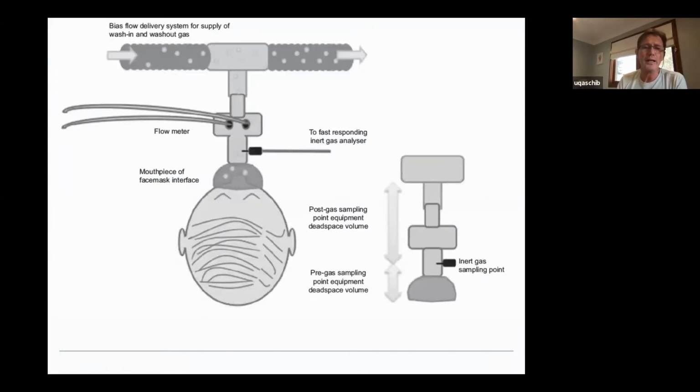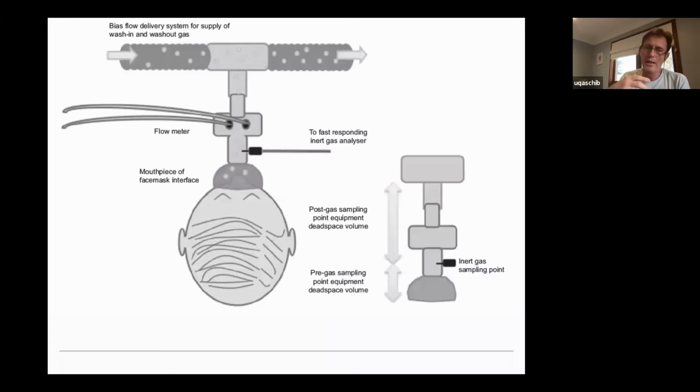So how inert gas washout happens is the following. We have the subject breathing first just regularly room air or whatever air is needed. And then we add a tracer gas, either during the wash-in period or the wash-out period.